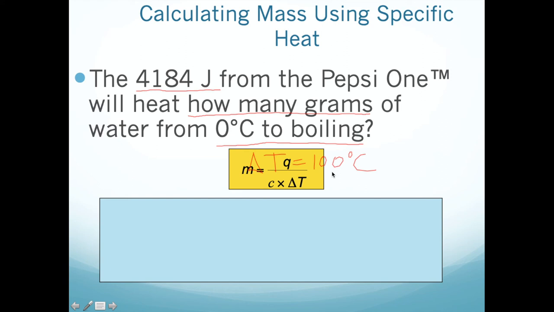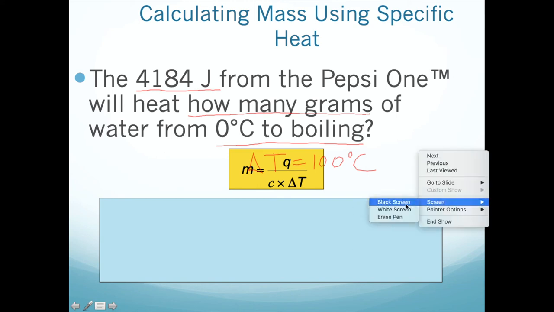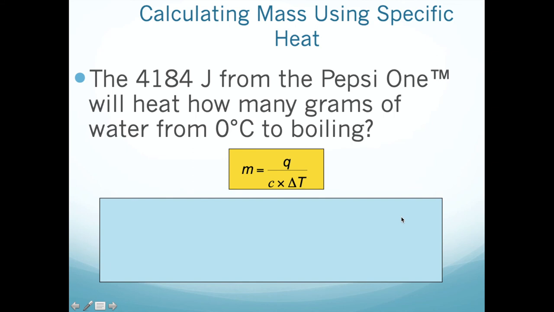For those of you who are still getting the hang of rearranging formulas using algebra, let me show you how to go from Q is equal to MC delta T to getting this version that they've got here. Okay, there we go. So we are starting off with Q is equal to MC delta T, right?